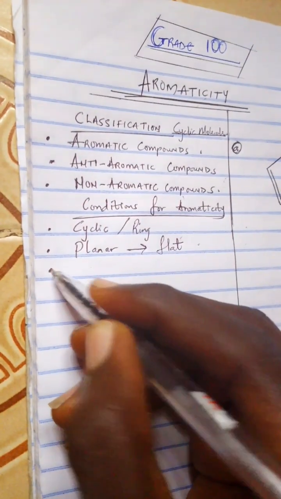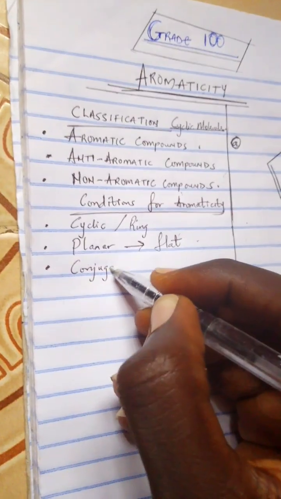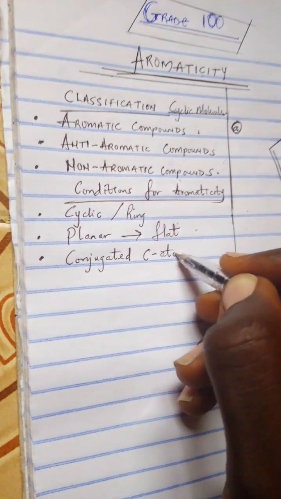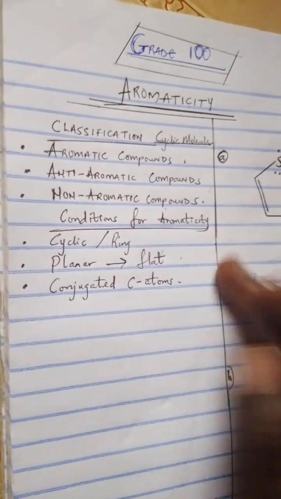Now, the third one we are going to be looking at is conjugated carbon atoms. Now, this is very interesting.